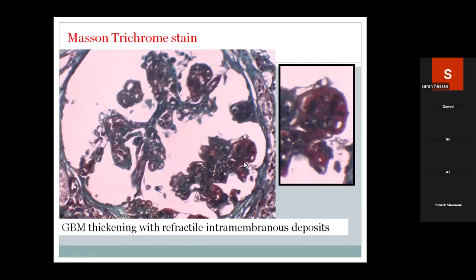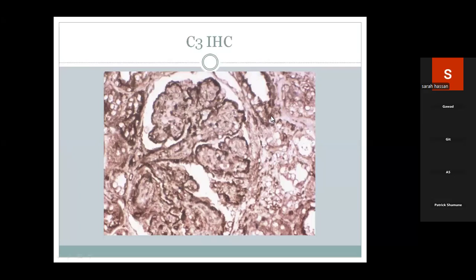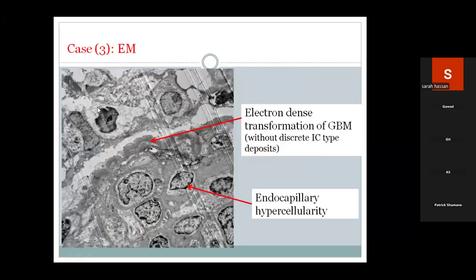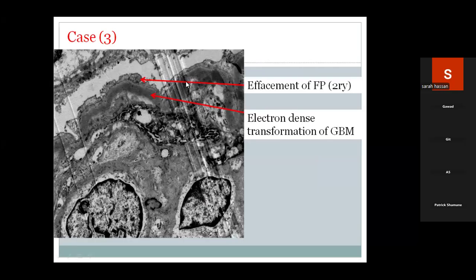The EM shows electron dense transformation of the glomerular basement membrane without discrete immune complex type deposits, and that's at higher magnification, with the glomerular basement membrane totally transformed into this electron dense material of dense deposit disease.